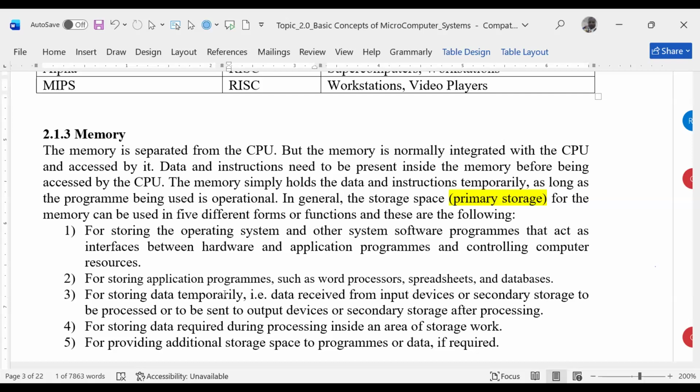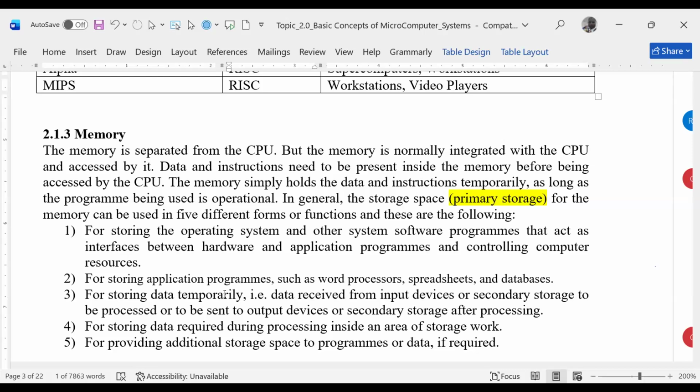The memory is separated from the CPU as we have seen, but the two work together. You can't separate the memory from the CPU because anytime something is entered from the keyboard or input device, it goes to memory, and memory decides where it must go. So the two work together, but they are separated.